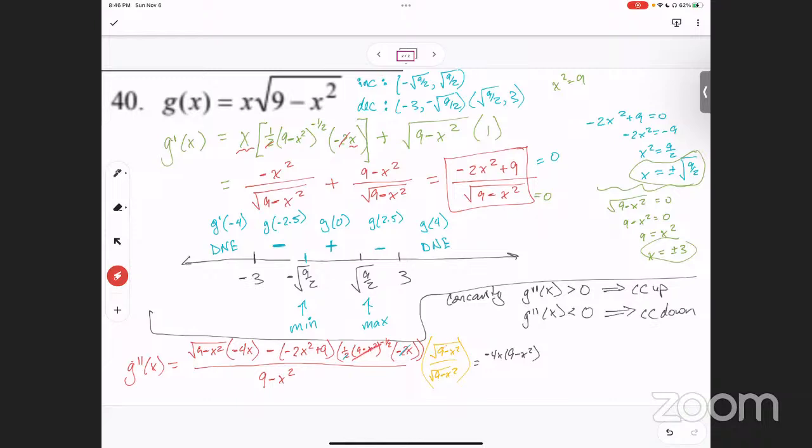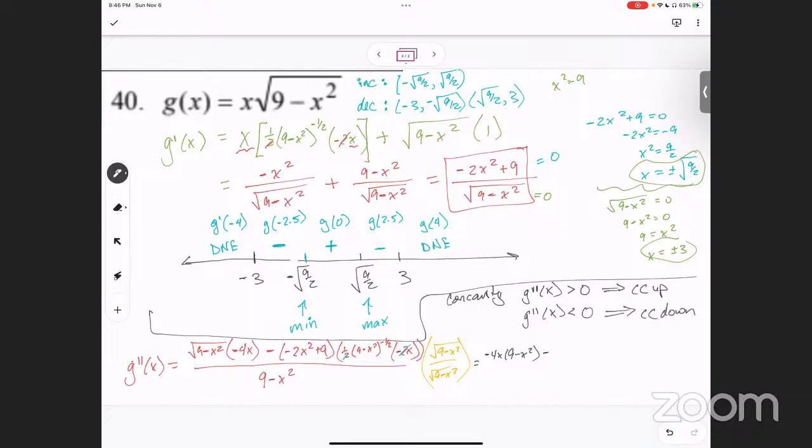And when I multiply this by this whole mess, it'll just cancel this out, because this is on the bottom. When it has a negative 1/2 exponent, it's like this is on the bottom. All of these things are being multiplied together, so these just cancel each other out.